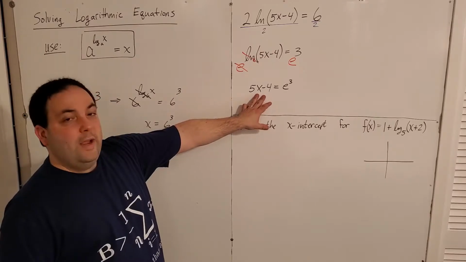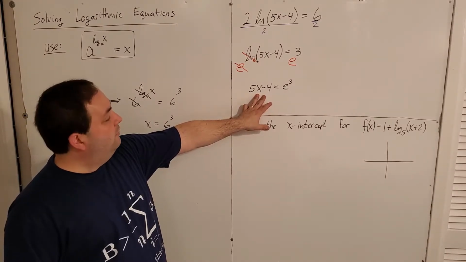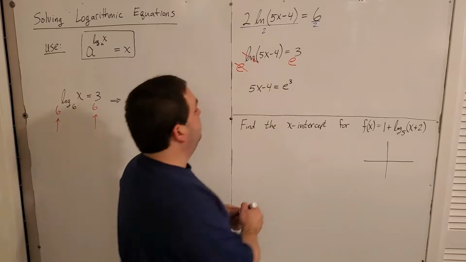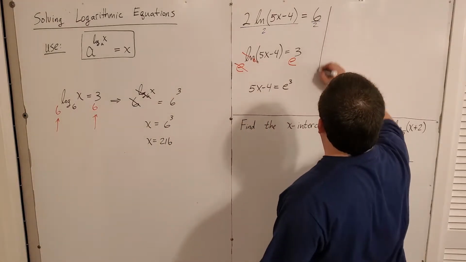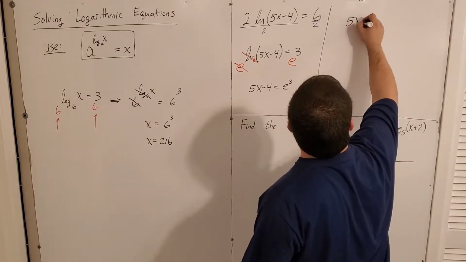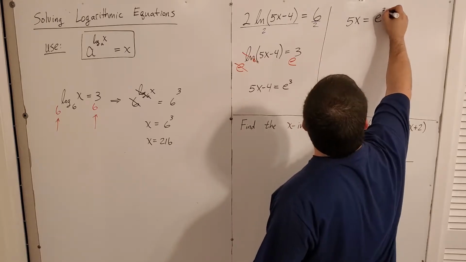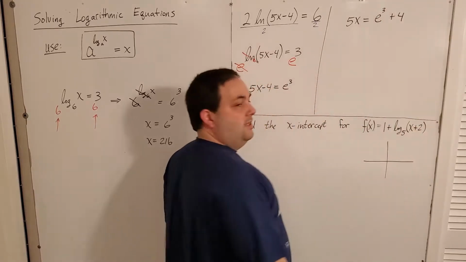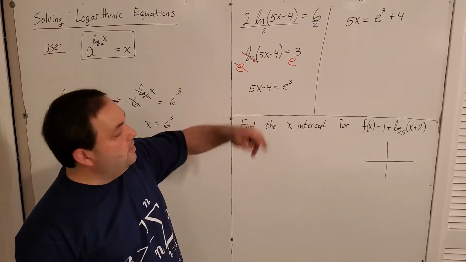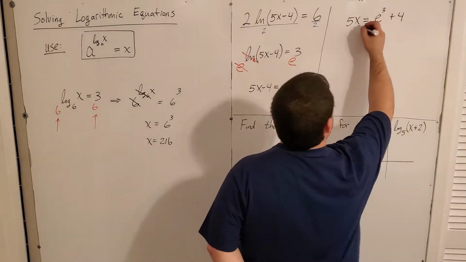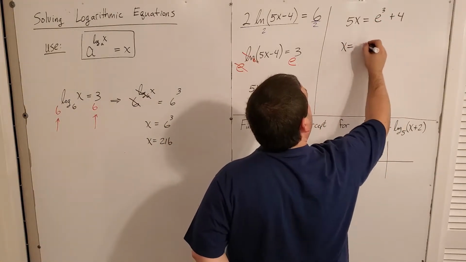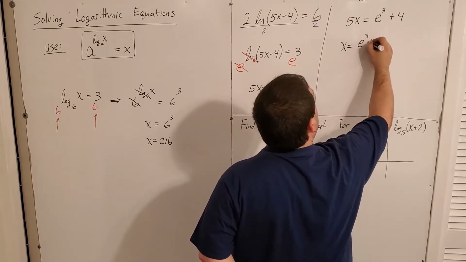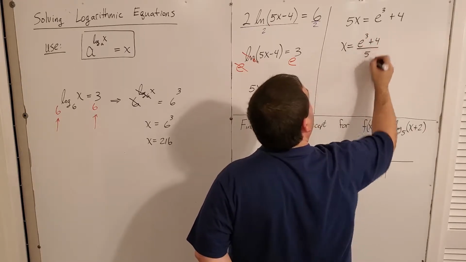But it's a linear equation now. I just need to get x by itself. So I'll add 4, like so. And then I'm going to divide by 5. So x is equal to e cubed plus 4, all over 5.